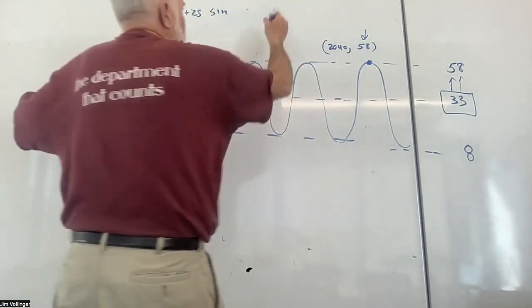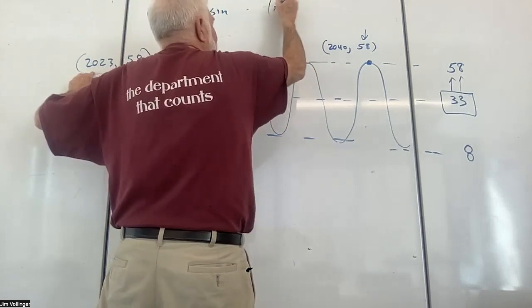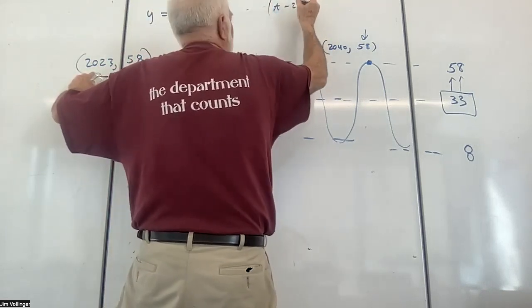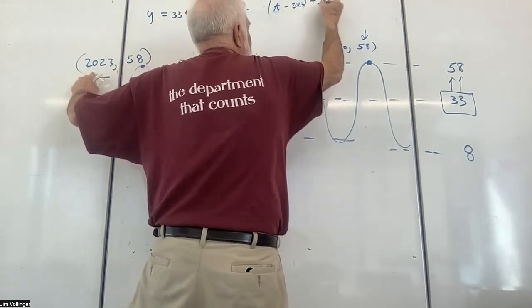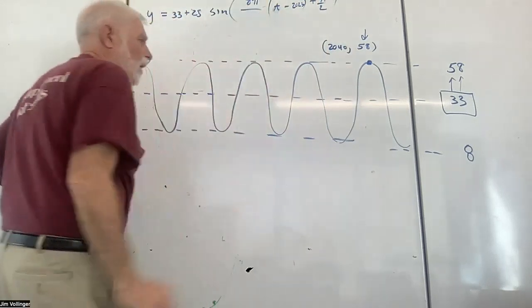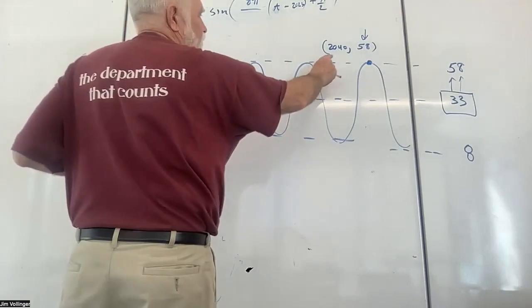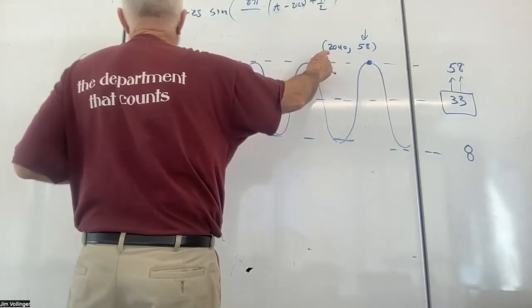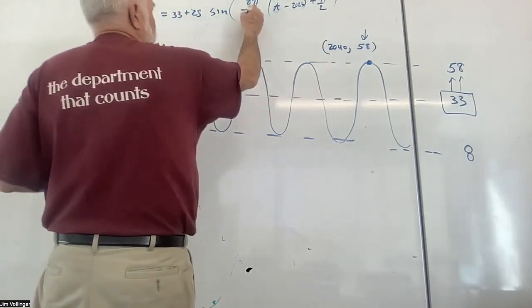So now I want 2023 to act like, keep doing x, but I'm giving you a date, so I'll say t, 2023 plus pi over 2. Boom, and then you've got 8 pi in what? In 8 pi in, totally lost my train of thought here. Change in 2023, 17 years.